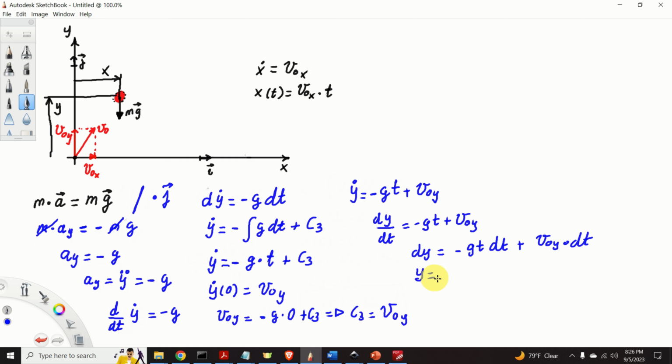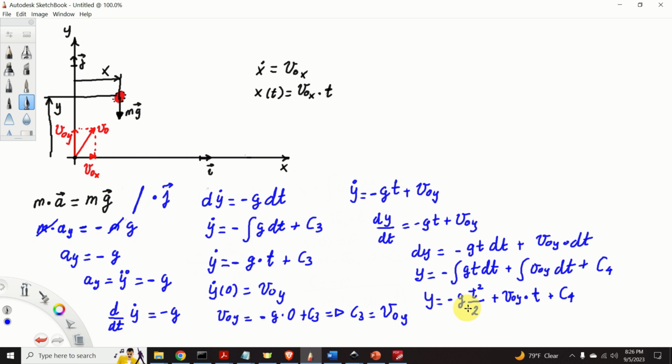We obtain that y is equal to minus integral gt dt plus integral v0y dt. From this equation, actually, we are missing here the constant, right? C4. From this equation, we can actually obtain that y is equal to minus g, and integral of t dt is obviously t squared divided by 2, plus over here we can have v0y times t plus c4.